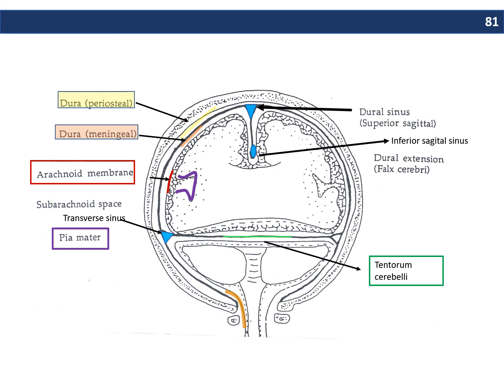The meningeal layer has reflections that create the sinuses, these venous-filled spaces, the superior sagittal sinus shown here, and then it continues separating the cerebral hemispheres more cranially.